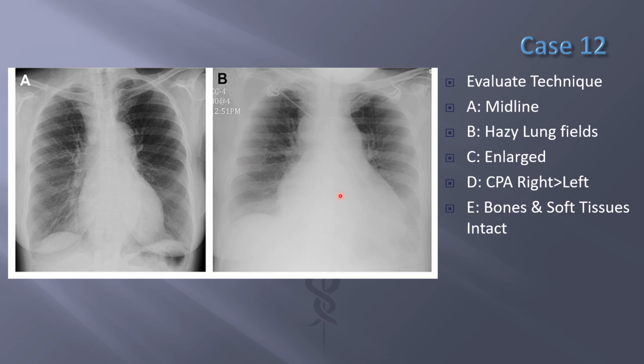So B, on this film here, wispy lung markings all the way out to the periphery. Really no consolidation. You might see a little bit more hazy versus up here, but that's probably from the excess tissue from her breast. This is not an infiltrate or whatever, just extra tissue.